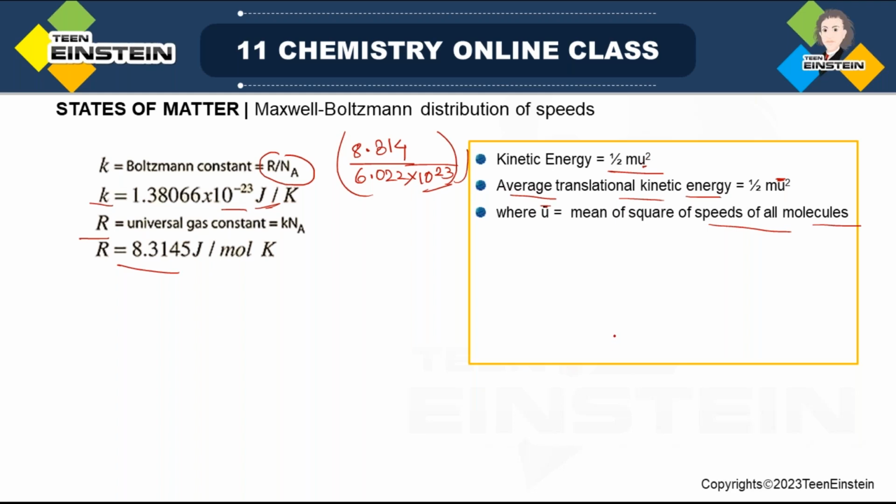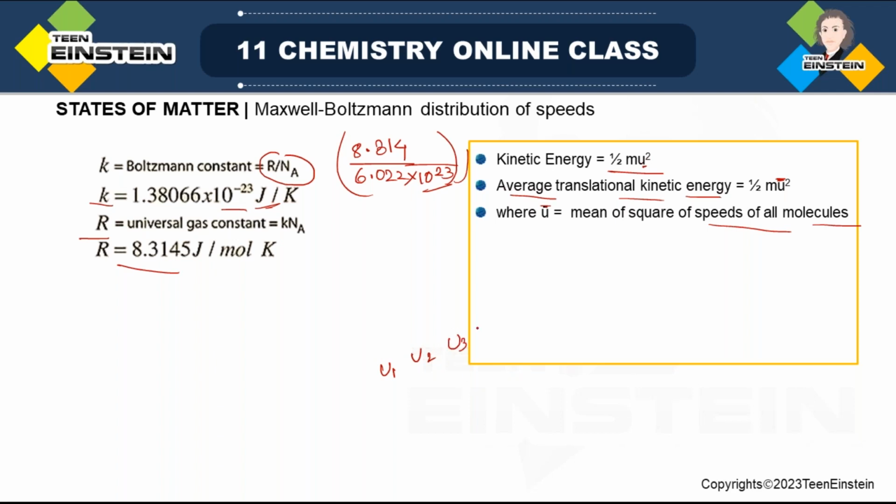Now the mean of the square of speed of all the molecules means, suppose there are different velocities, u1, u2, u3, up to un, as there is a large collection of molecules.